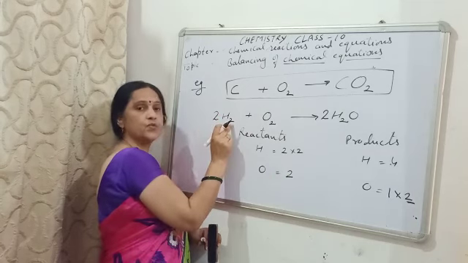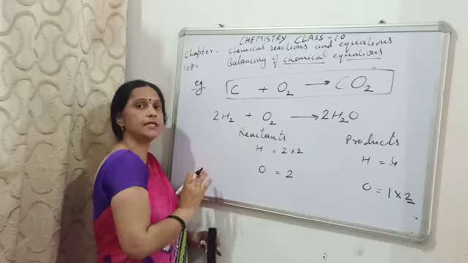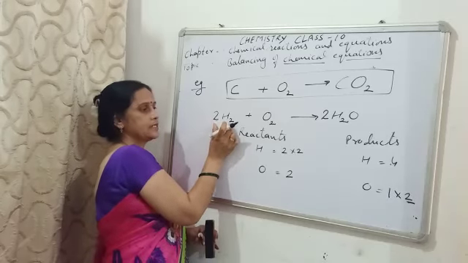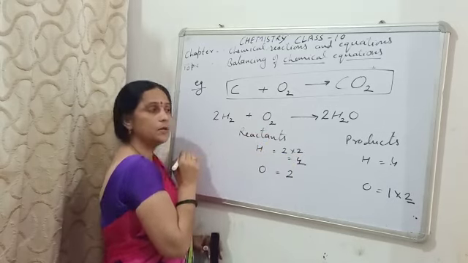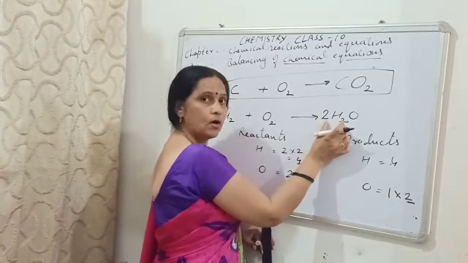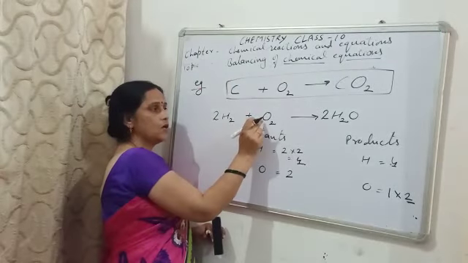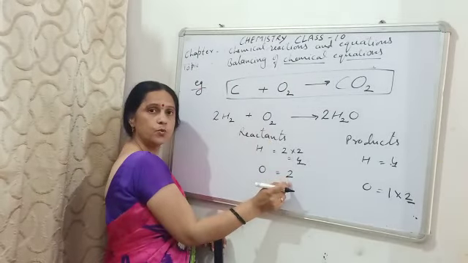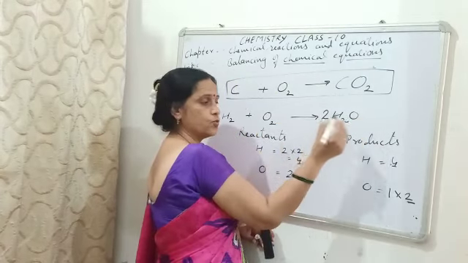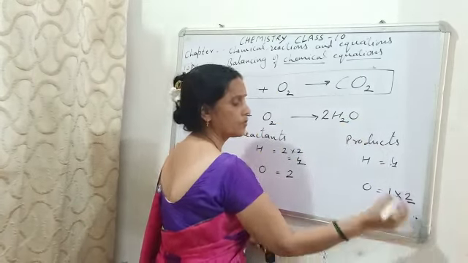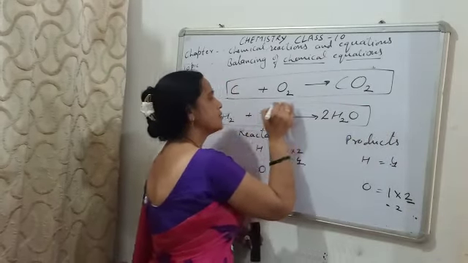Now just recheck the reaction. On the reactant side hydrogen is 4, on the product side hydrogen is 4. On the reactant side oxygen is 2 and on the product side oxygen is 2. Now the entire reaction is balanced.